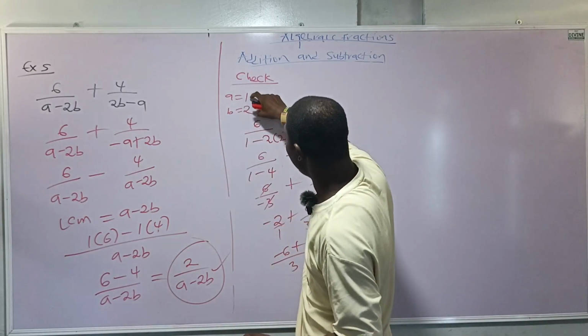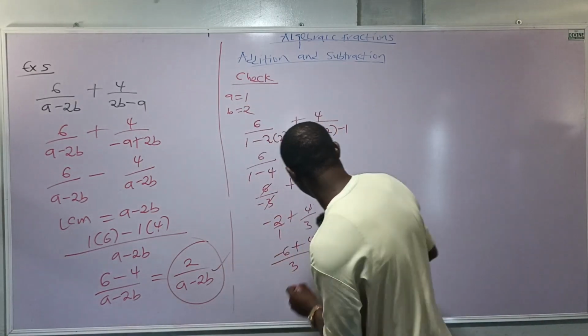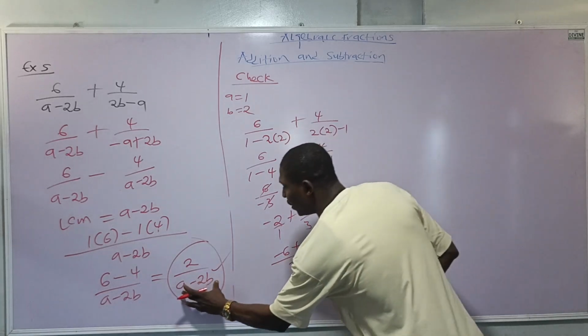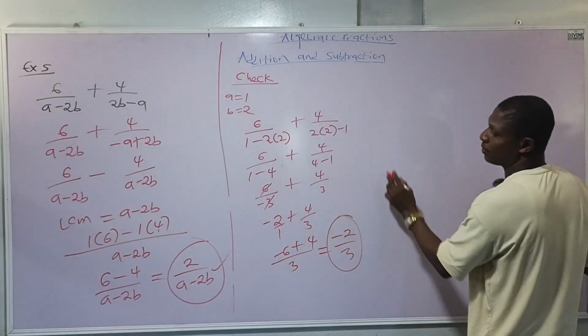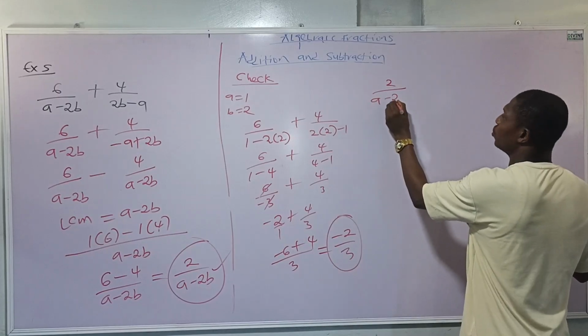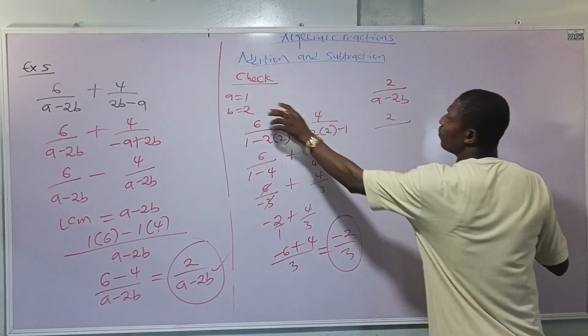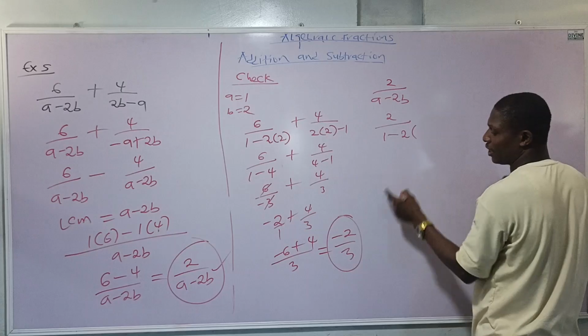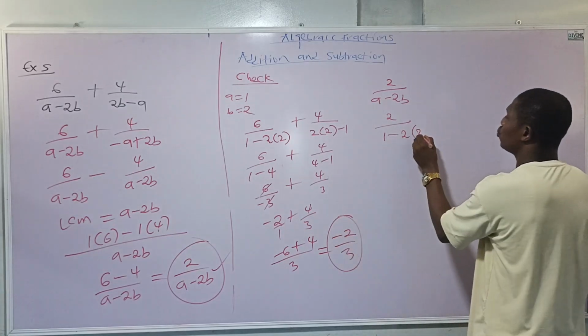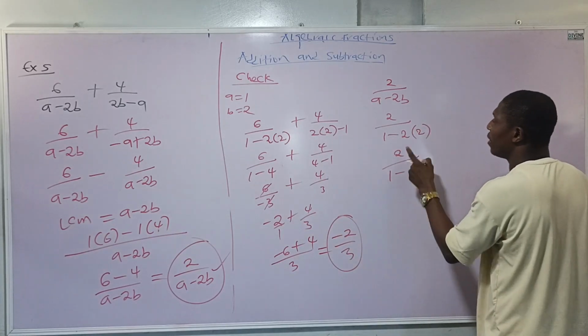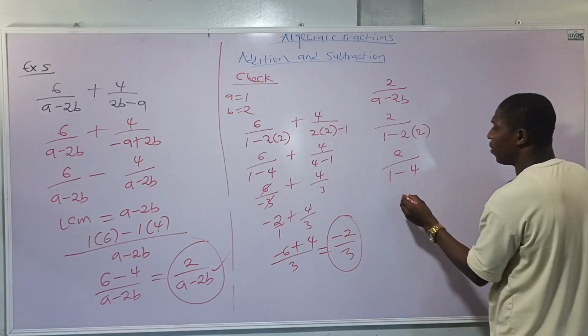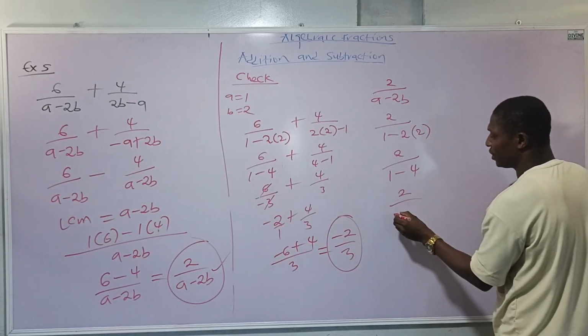If I put 1 and 2 for A and B here, and it doesn't give me this, then my solving is wrong. So let's see. 2 all over A minus what? 2B. I have 2 all over A is 1 minus 2 bracket, my B is what? My B is 2. So I have 2 all over 1 minus 2 times 2, 4. And I have 2 all over 1 minus 4 is what? Negative 3.